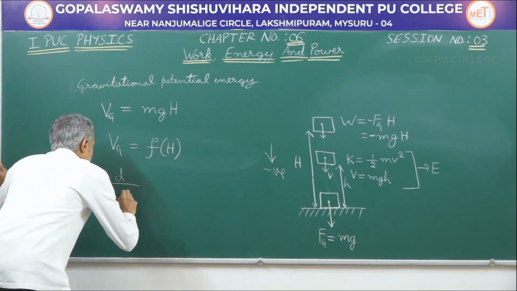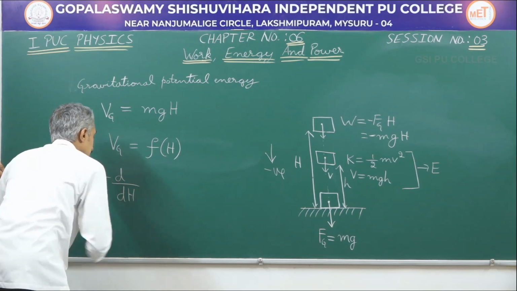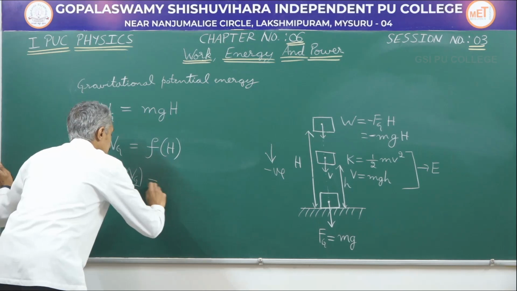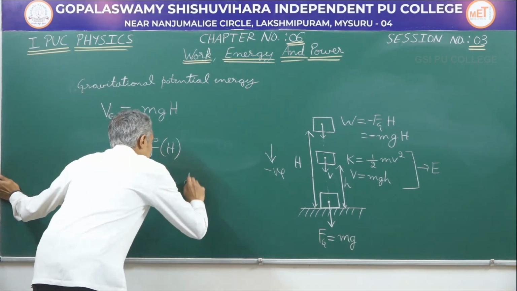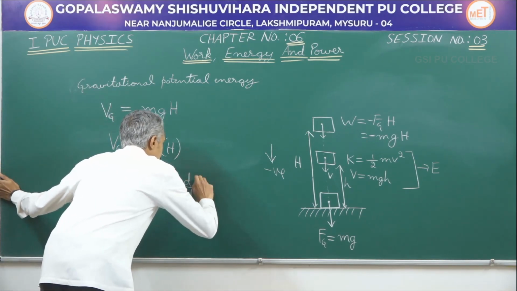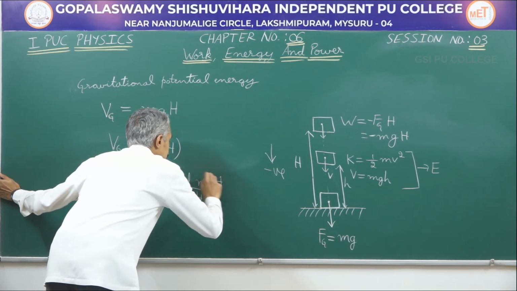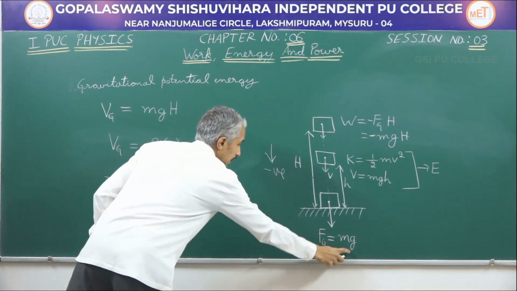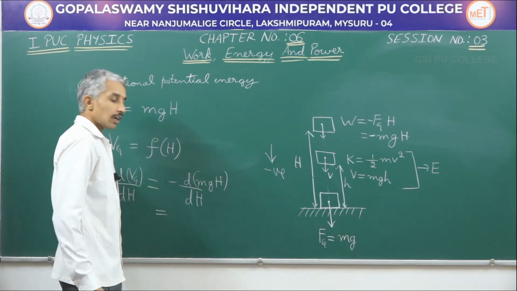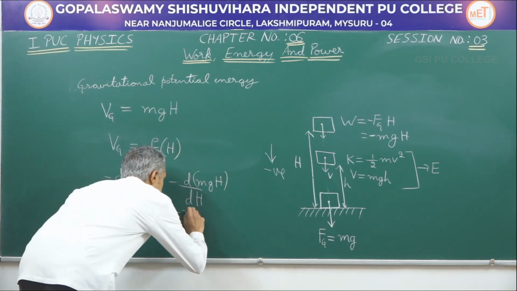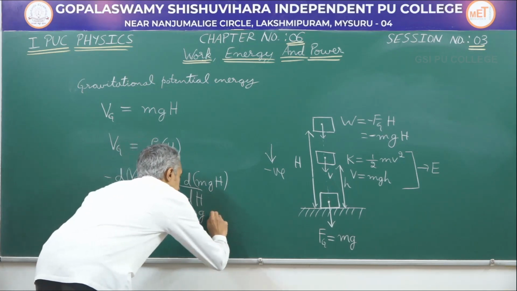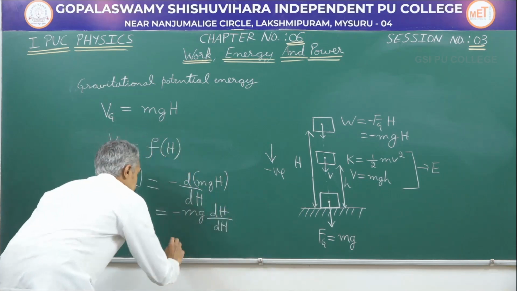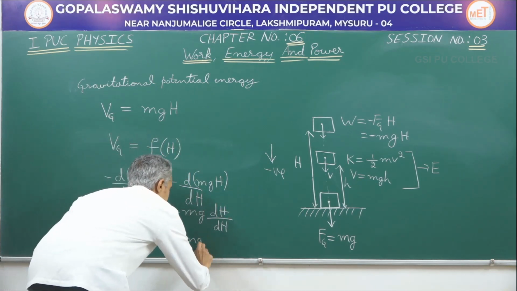So if I take the negative derivative of gravitational potential energy, then it is minus d by dh of mgh. Here mass and acceleration due to gravity near the surface of the earth are constant, so you can take them out, and d by dh of h will give you 1, so it is minus m into g.